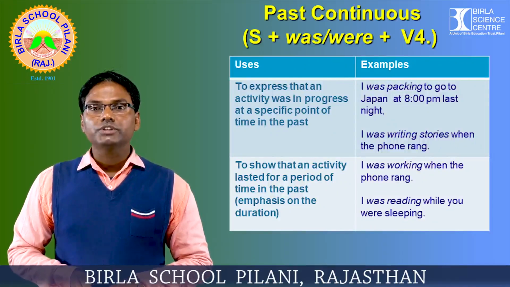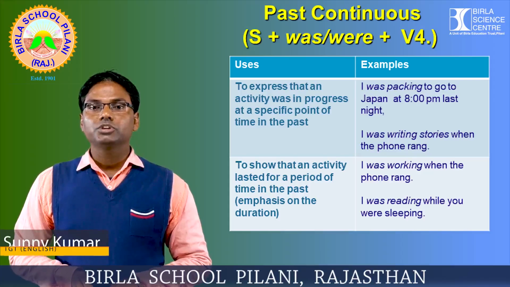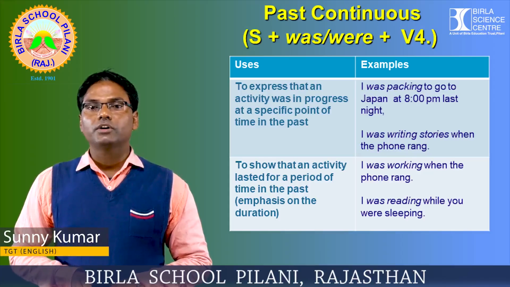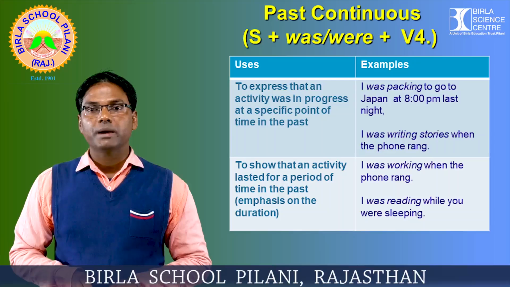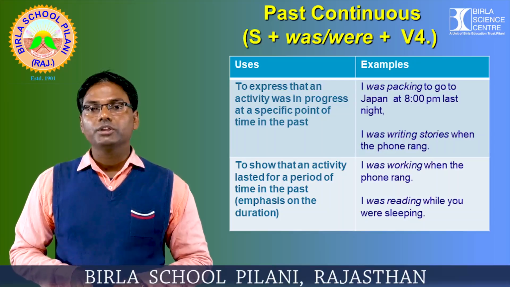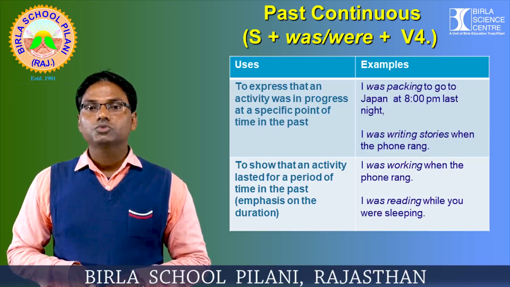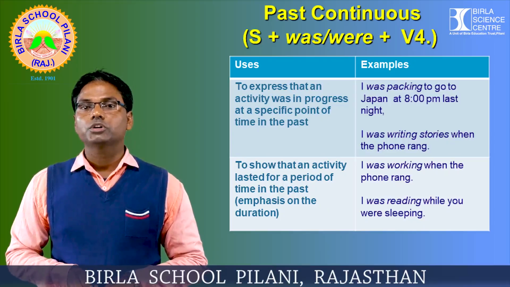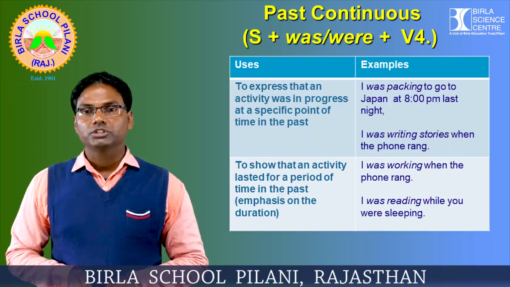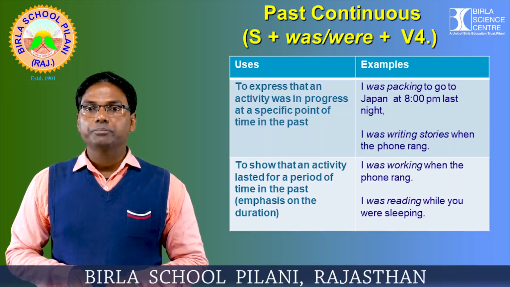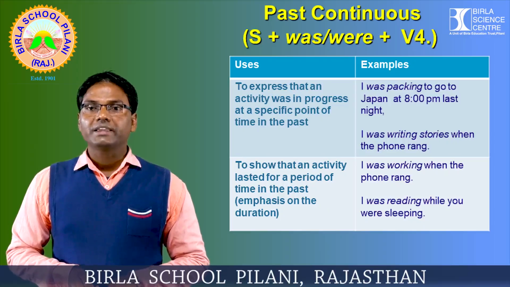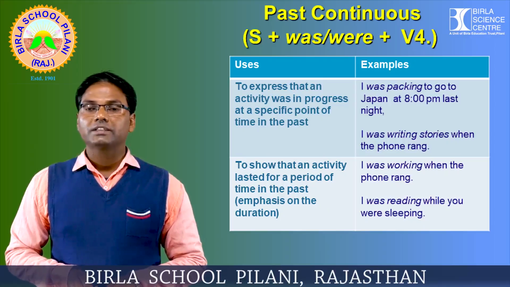In past continuous tense, we use it to express that an activity was in progress at a specific point of time in the past. Remember, in the past, something continued or was in progress, and to express those progressive works, we use past continuous tense. You can see the example. I was packing to go to Japan at 8 p.m. last night.